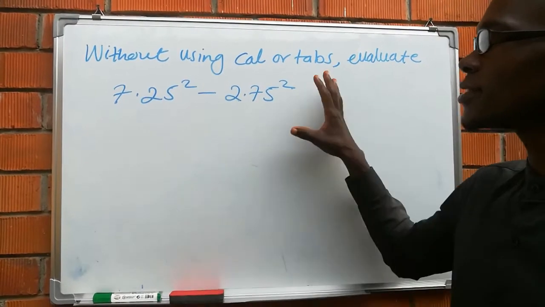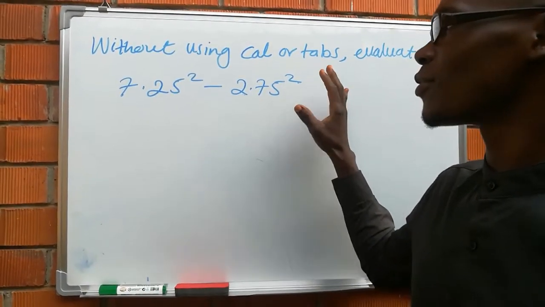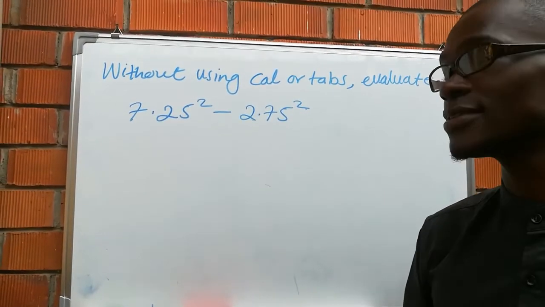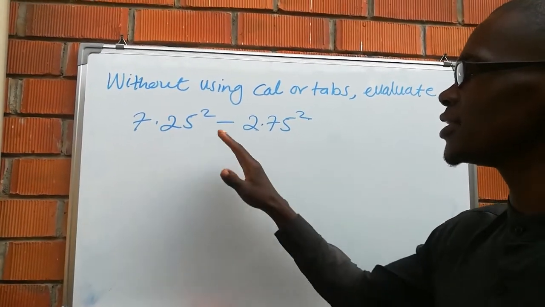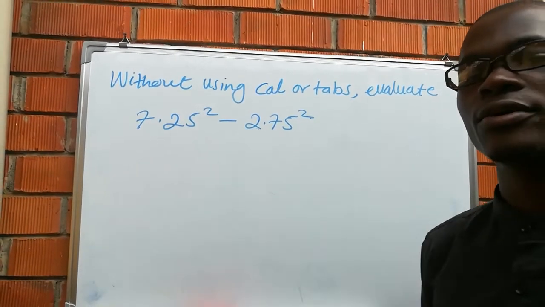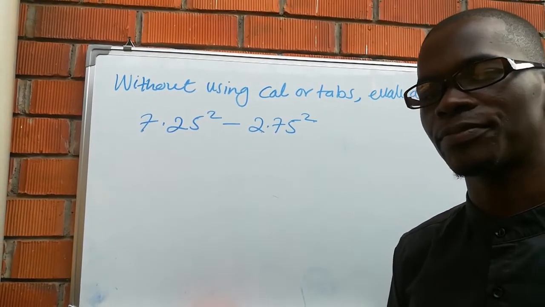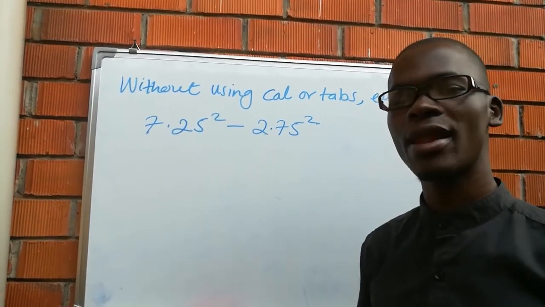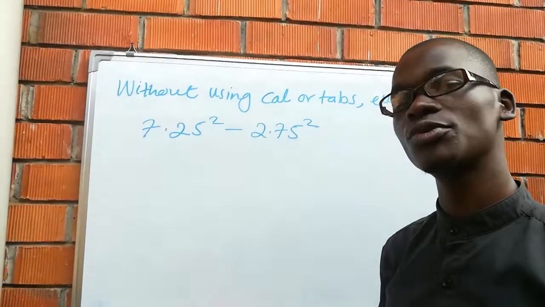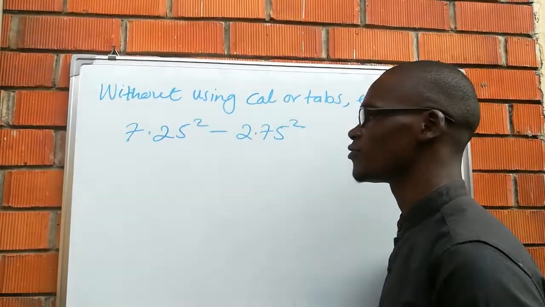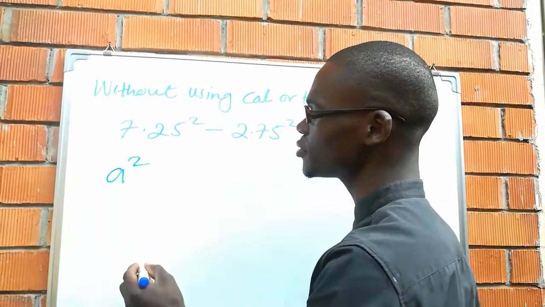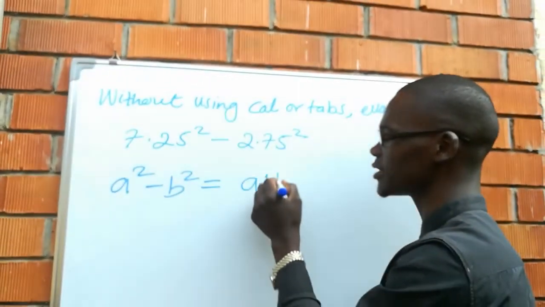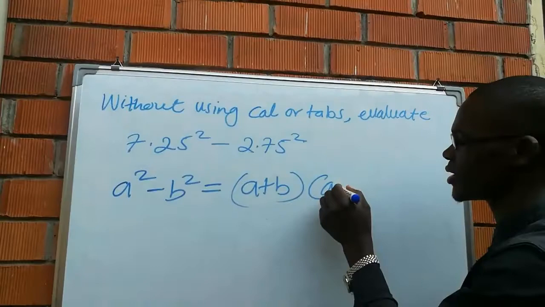So this is our next example, which needs the knowledge of the difference of two squares. We are told to evaluate this without using a calculator or mathematical tables. We can only do that by applying the knowledge of difference of two squares, from which a squared minus b squared is equal to a plus b times a minus b.